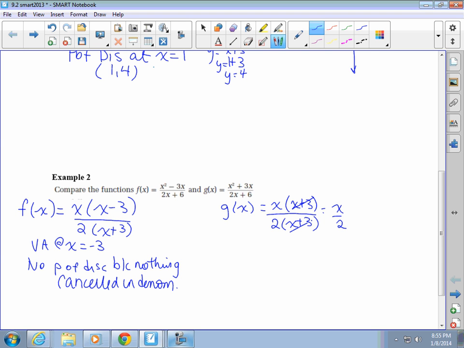So that means then I have a point of discontinuity at x is equal to negative 3. So if I substitute, this is what I was left with, y is equal to x over 2. If I substitute in my x value, negative 3 over 2, so my point of discontinuity would be at negative 3 and negative 3 over 2, or negative 1/2.